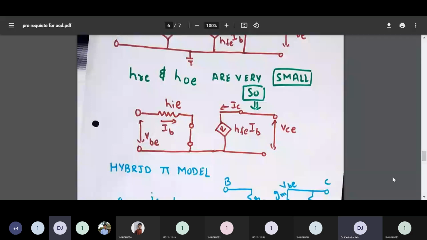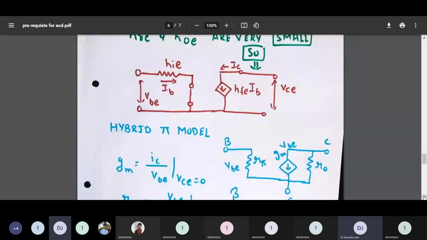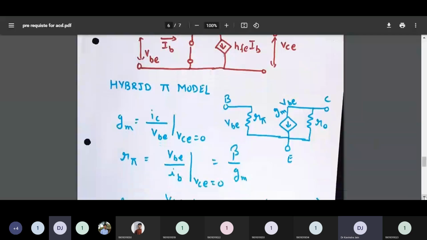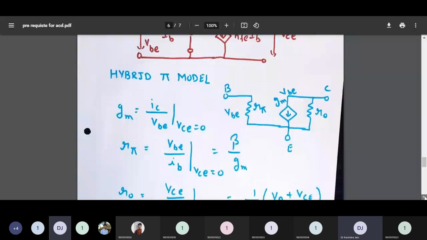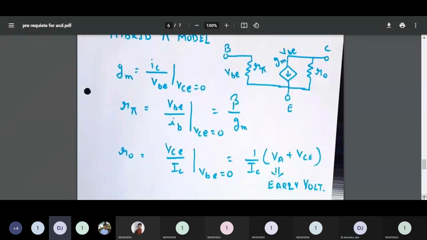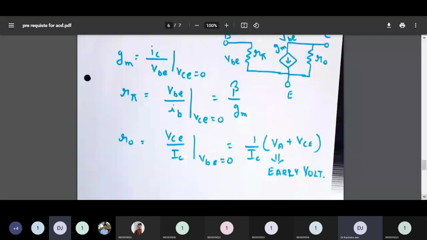Then we moved on to hybrid pi model, where we tried to understand what is transconductance and what is R for pi model, where we calculated these 4 formulas in the past, and based on these 4 formulas, we proceeded for early voltage. So here came the concept of early effect.